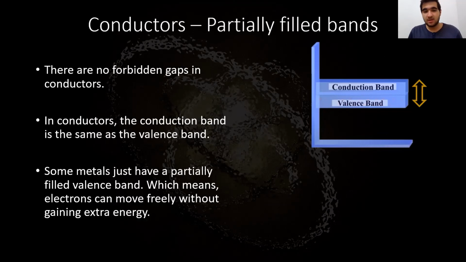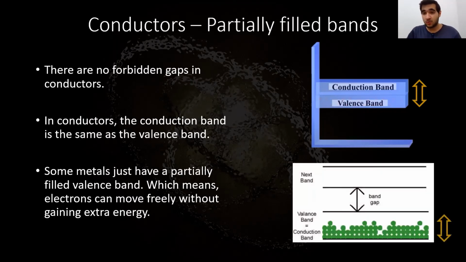With that said, some metals just have a partially filled valence band, which means electrons can move freely without gaining extra energy. Even at room temperature, these electrons can easily go from the valence band to the conduction band and thus make the material conductive.